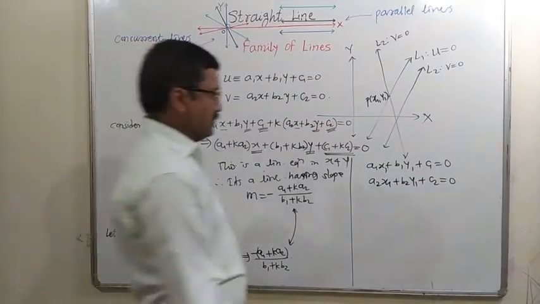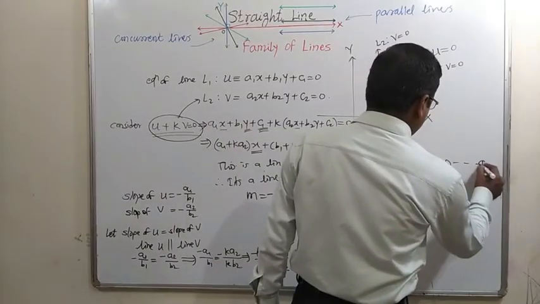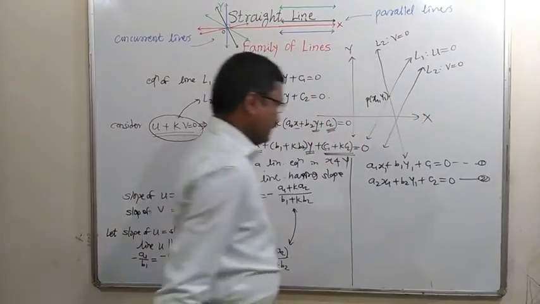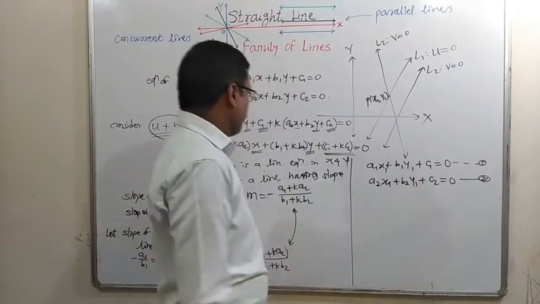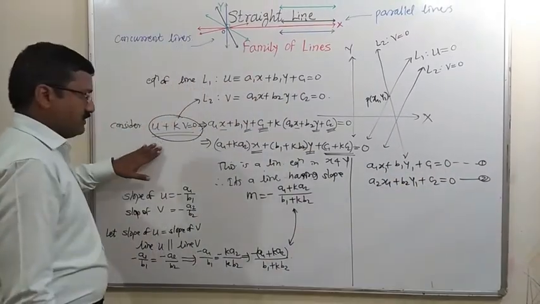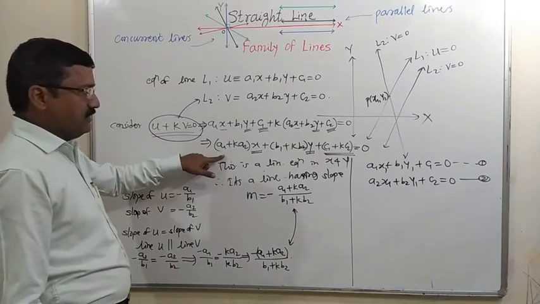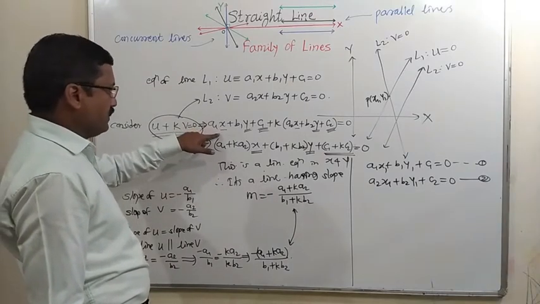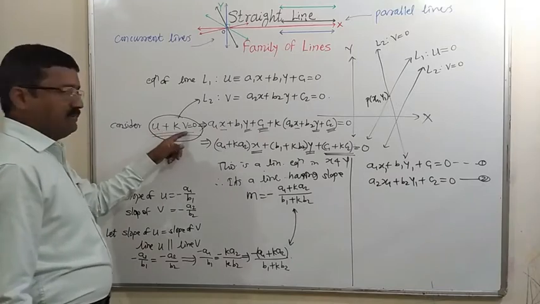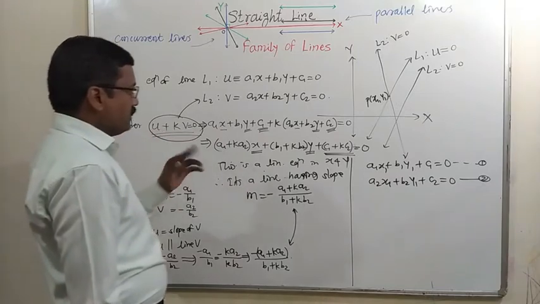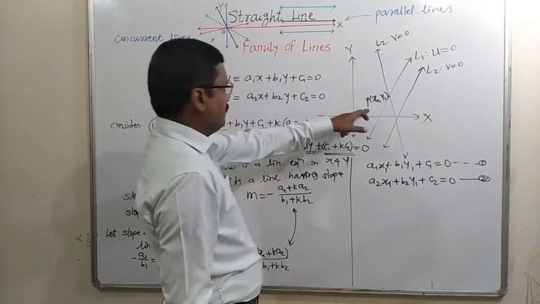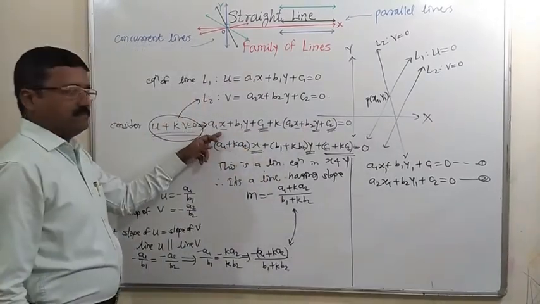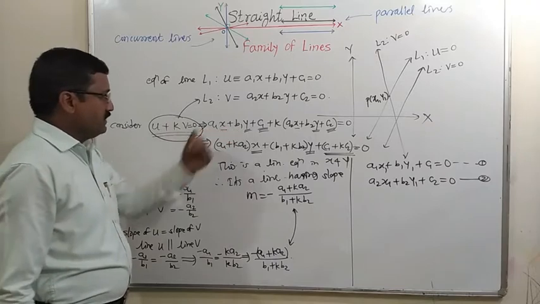Is it okay? So this is considered here. Then as the value of this is equal to 0 and this equal to 0, let us check about this equation. This is the equation of line u plus kv equal to 0. What will happen if point (x1, y1) lies on this line? Then it will satisfy the equation.